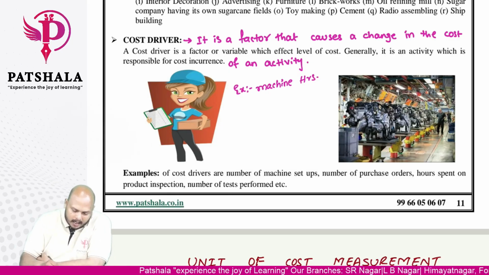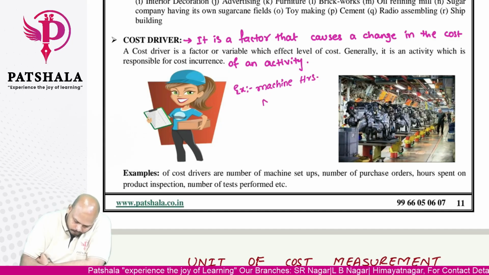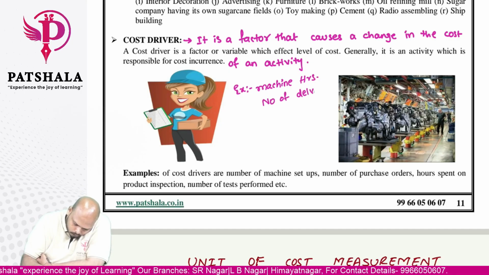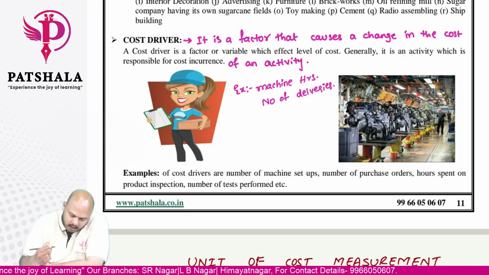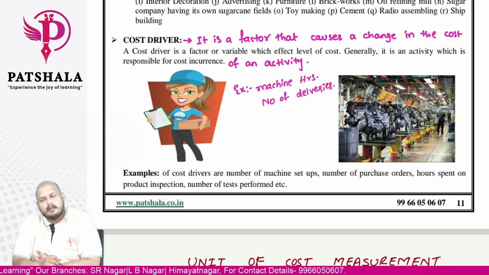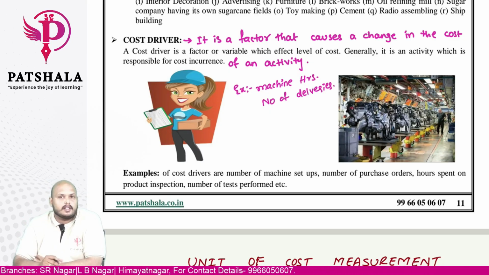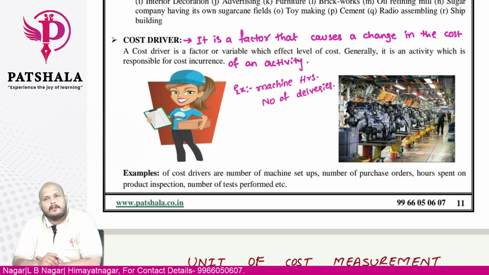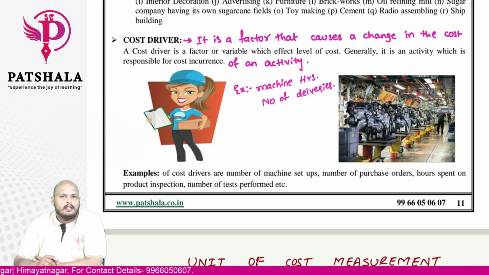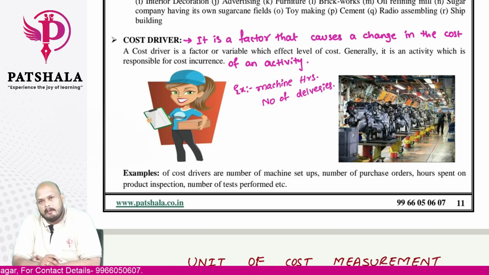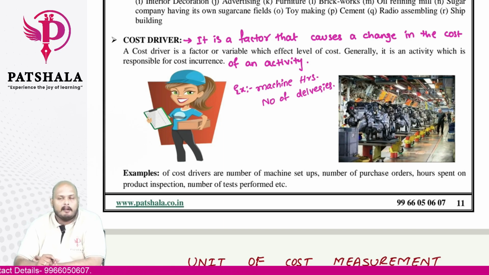Not only that, another example also you can see. Number of deliveries is also a cost driver. Why? Because in the case of marketing, e-commerce sales, we see Amazon, Flipkart.